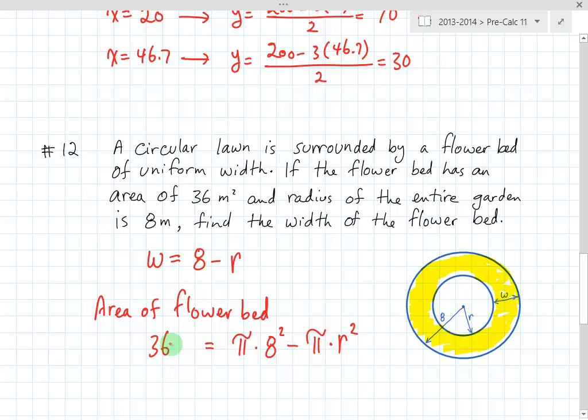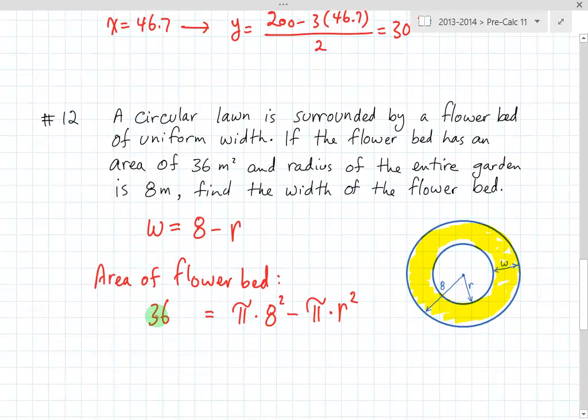That would be the area of the flower bed, right? Okay, so now in this equation that we have here, we have everything except for r, right? So we solve for r.